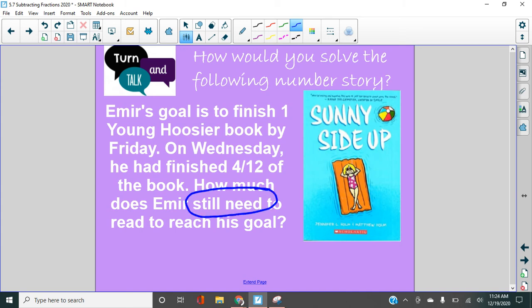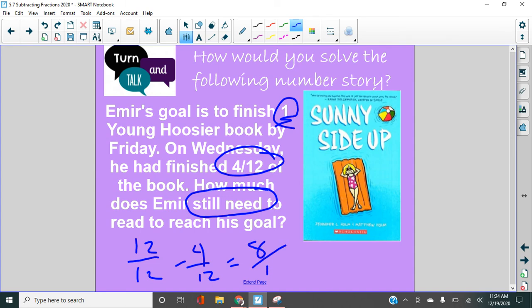What's the difference? He's read this much. He needs to read the whole thing, right? So 12/12 is the whole thing minus 4/12. And what would this answer be? You're right. If you had 8/12, if you said 2/3, because that's equivalent to 8/12, that's correct as well.